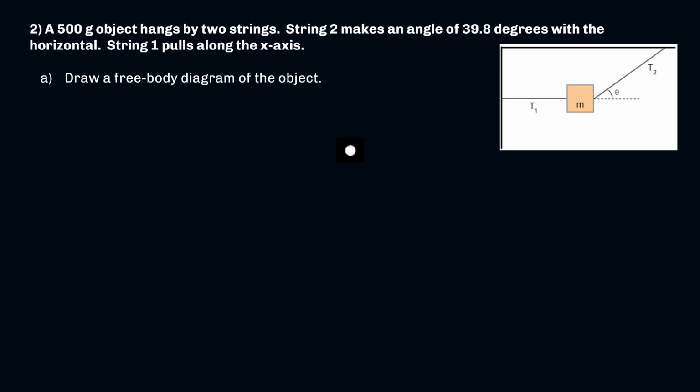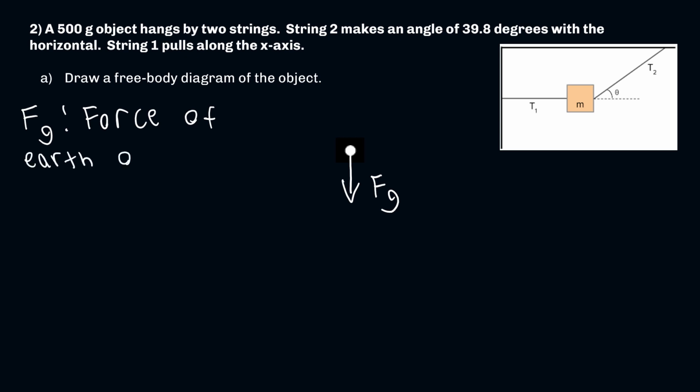So drawing the free body diagram, that's going to be exactly the same as before. Last time I checked, the force of gravity, or the force of Earth on this object, is going to be straight down. So we're going to annotate this here on the side, force of Earth, because again, that is the object that is creating the force on the mass. Then we have here FT2.